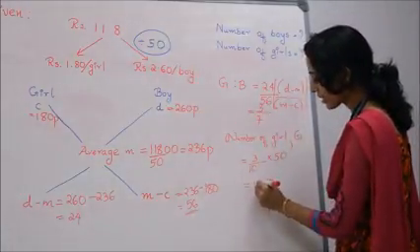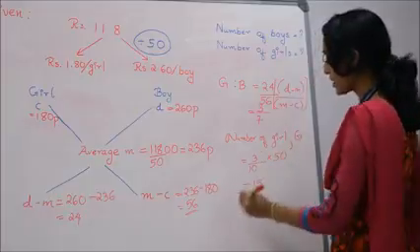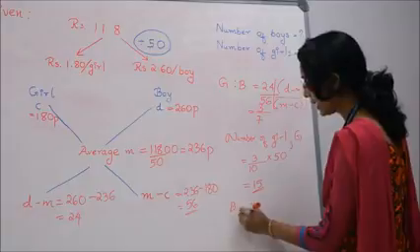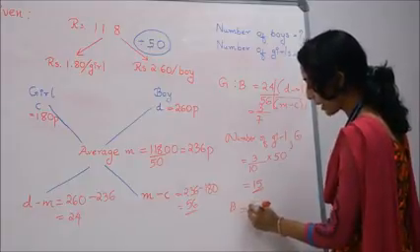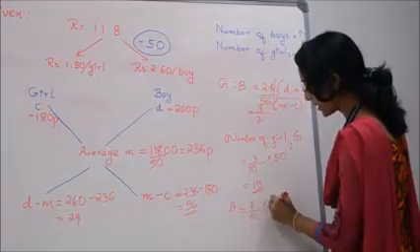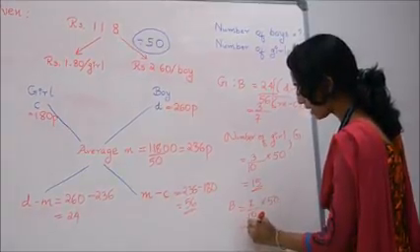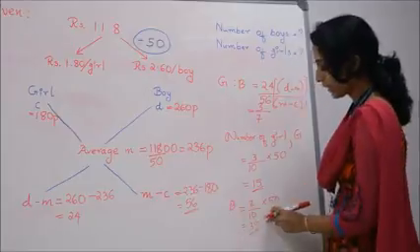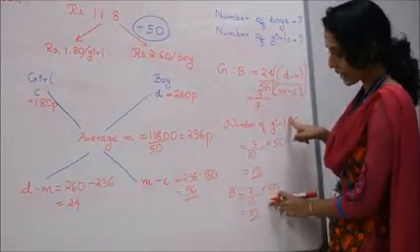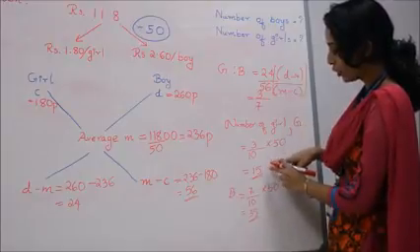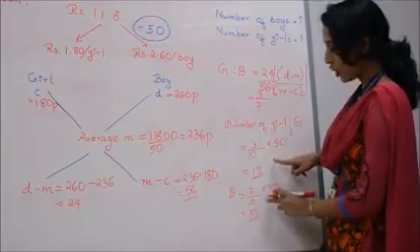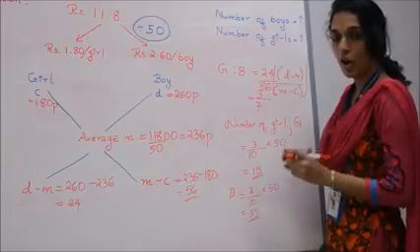We get it as 15, and the number of boys can be represented by B, that is 7 by 10 into 50, we get it as 35. So the number of girls and number of boys is equal to 15 and 35. So we get the answer as option D.